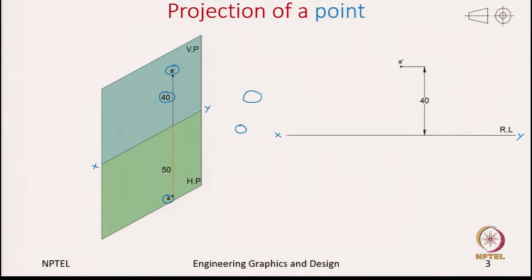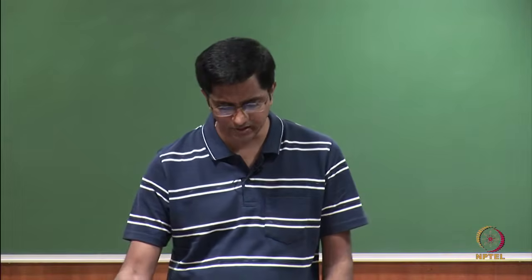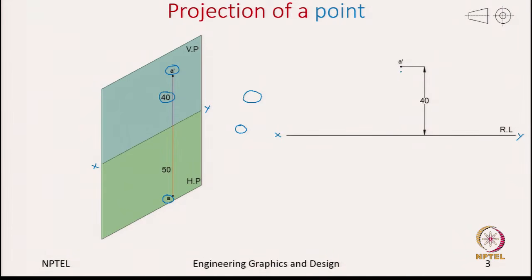Now, to get the top view, here is the important point: we draw a vertical line which is perpendicular to the reference line, and this perpendicular line we continue, and since we know that the top view is at a distance of 50 from the reference line, we dimension it accordingly. So, now we have captured both the front view and the top view.